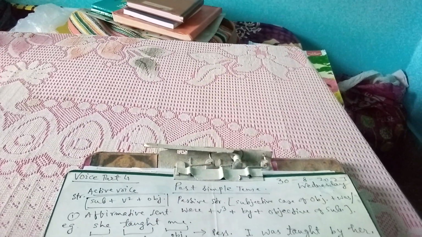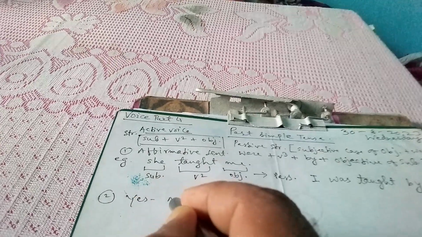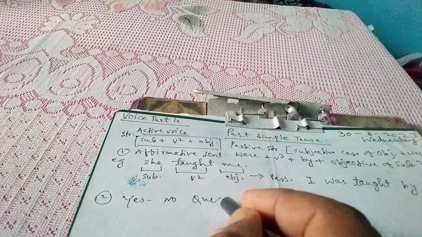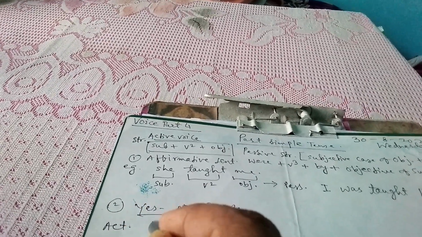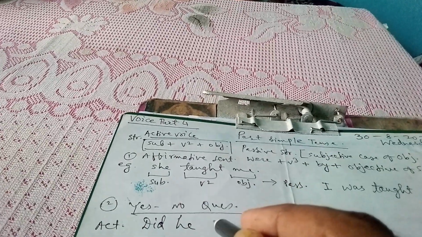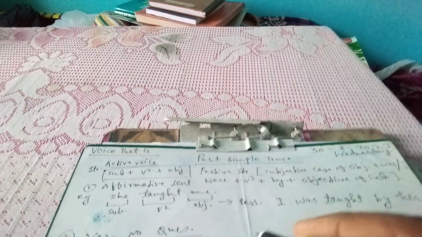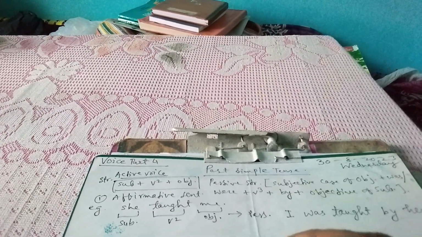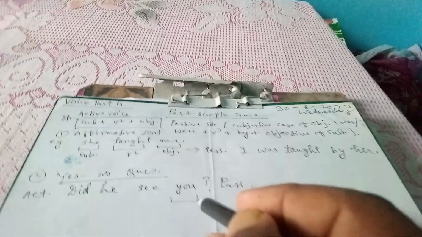Okay. Second type of sentence I take, a yes-no question. In active sentences, did he see you? Did he see you? Okay. Question mark. Now if we are making it passive, here you is the object.